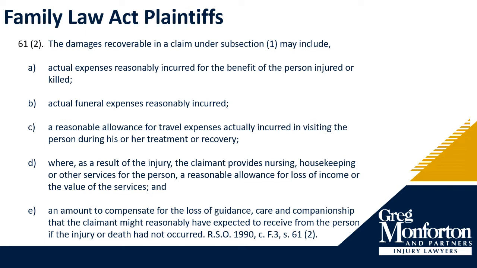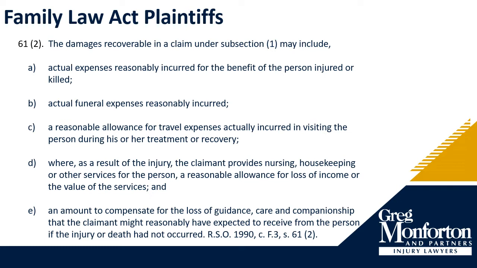And then they can also claim for their emotional loss, and you can see that in subsection E, where it lists an amount to compensate for the loss of guidance, care, and companionship that the claimant might reasonably have expected to receive from the person if the injury or death had not occurred. This is the emotional loss, similar to a pain and suffering claim for an injured party.